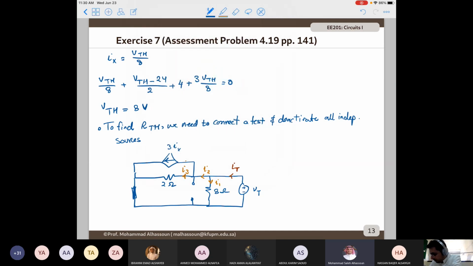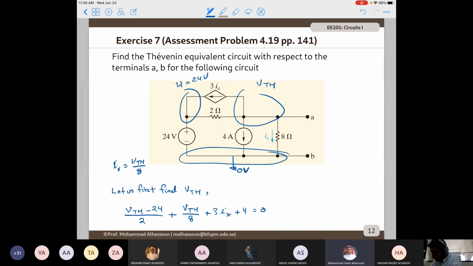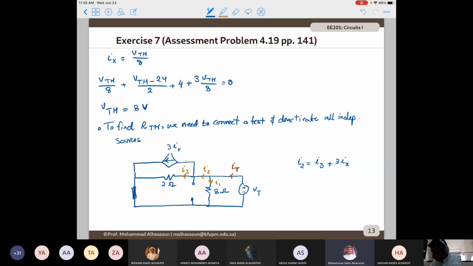By KCL, I2 is I3 plus 3Ix, and Ix in this case is I1.